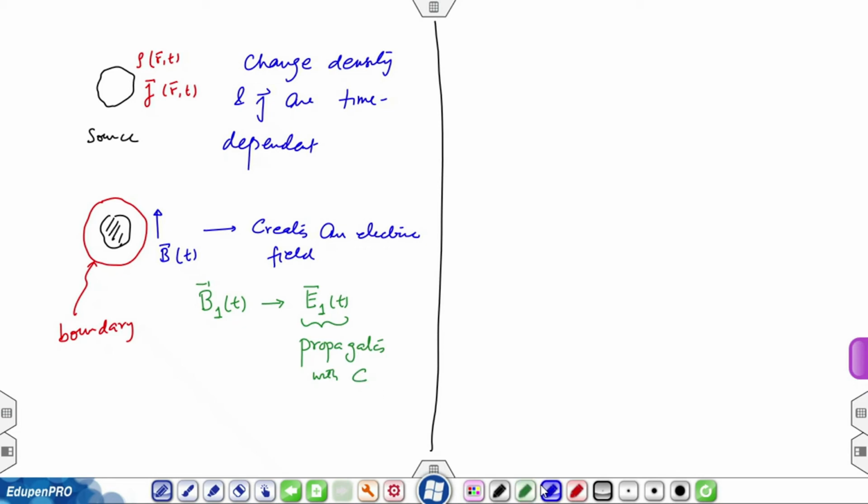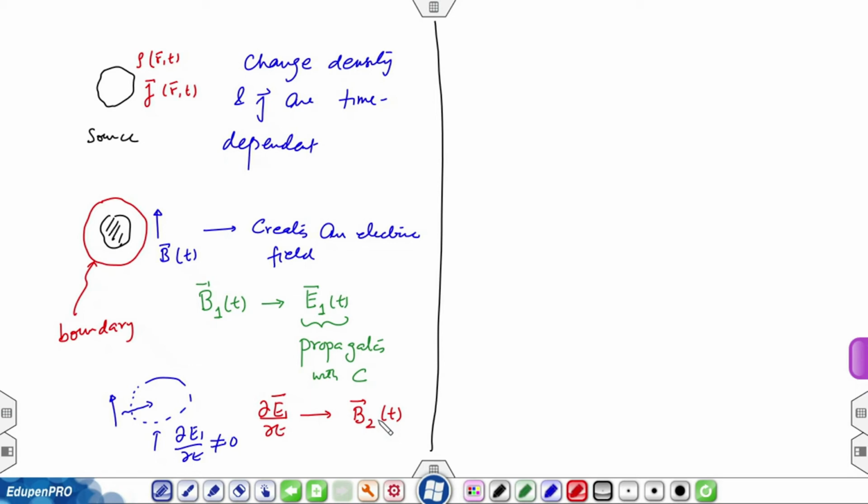As this E1 propagates, in the regions where it is propagating, del E1 by del t is not equal to 0. So, I have a changing electric field. This changing electric field dE1/dt gives rise to an additional magnetic field B2(t).